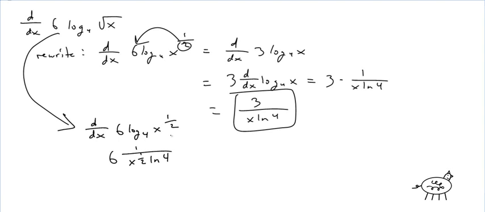Okay, and then we have x to the 1/2, so we're going to take this using the chain rule. So it's going to be times bringing 1/2 in front, and then x to the negative 1/2. Okay, and if we put everything together, we get 3 over x ln of 4.